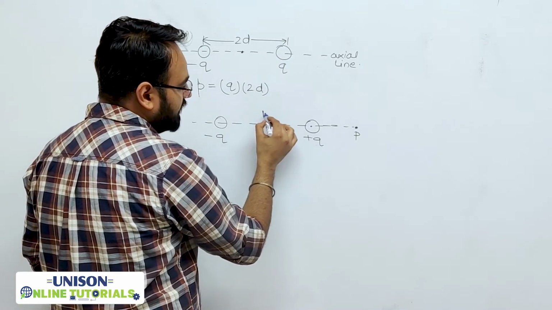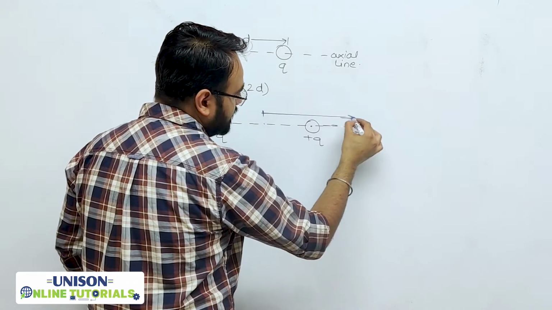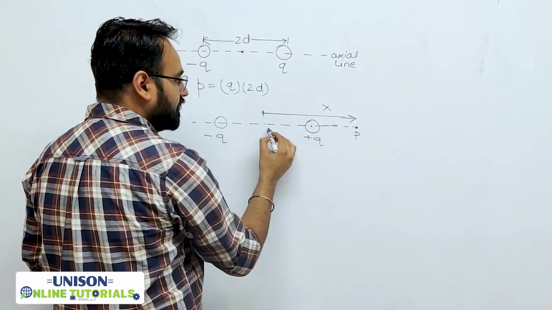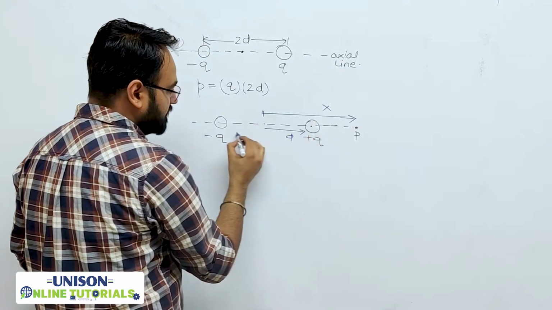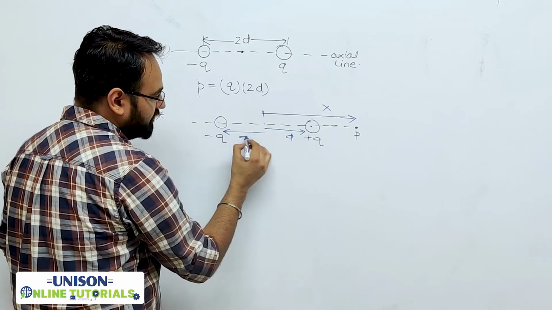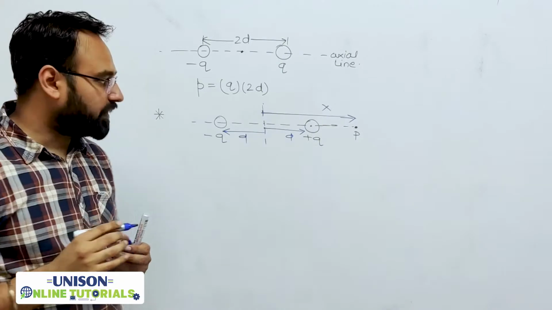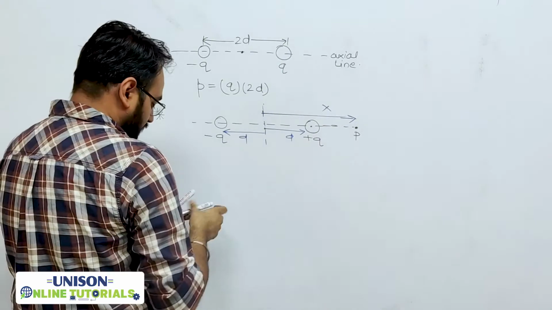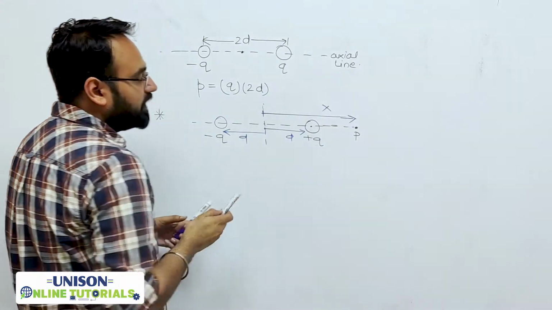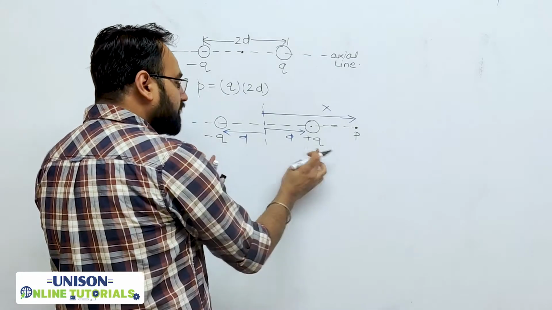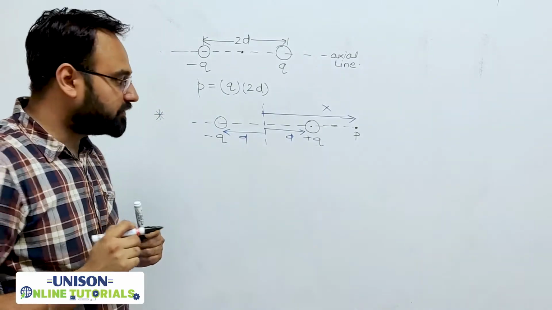Let's say this point P is at a distance x, and we know this distance is d, and similarly this distance is also d, and distances are always measured from the center of the dipole. So the electric field at this point P will be the vector sum of electric fields because of these two charges.